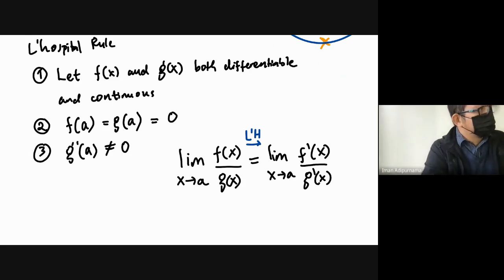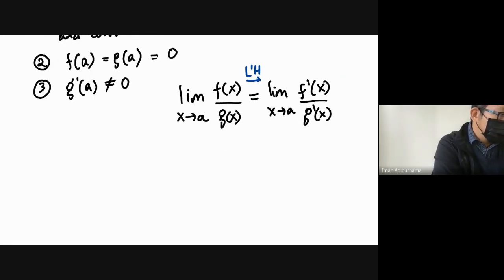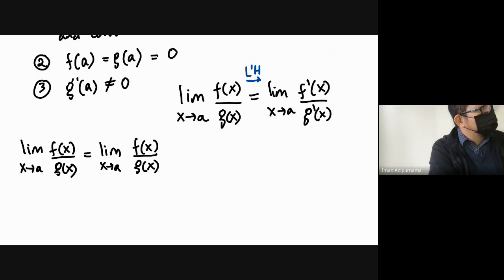But how do we find this derivative? Let me write it in simple words, so that you may more easily remember it if you want to understand more. So limit. Okay, first because f of a and g of a are 0, then I can make this happen.